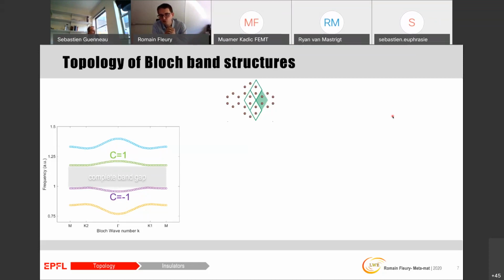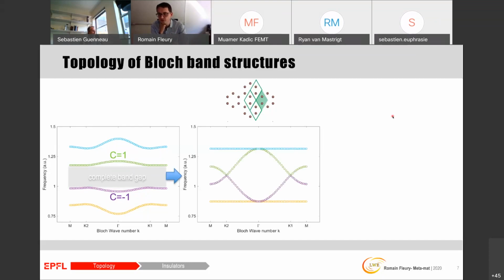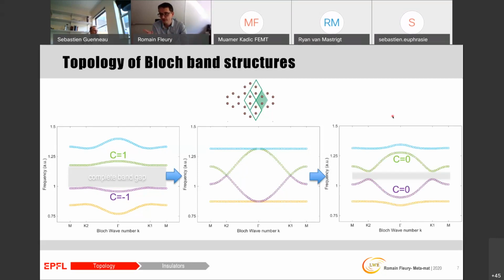As long as two bands do not touch, they keep the charge. So it is only by going through a discontinuous transformation of the band structure, where some band gaps close, that they can exchange those charges and change the topological invariant. This is extremely important to keep in mind. It's just the same as the electrostatic equilibrium between two conductors.